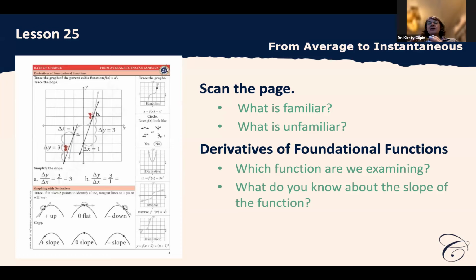Here, we're using x cubed, and as we describe the slope of x cubed and how it changes, we can apply that to all of our odd powers. So x to the 5th, x to the 7th, x to the 193rd, or for Lee, x to the 37th. So who wants to take a stab at looking at our cubic function here and describing the slope?